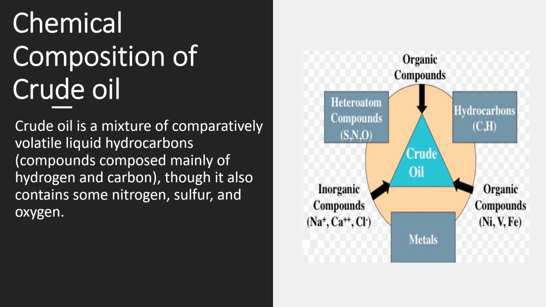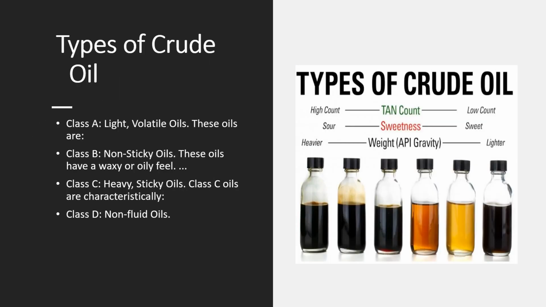Chemically, crude oil is a mixture of comparatively volatile liquid hydrocarbons, compounds composed mainly of hydrogen and carbon, though it also contains some nitrogen, sulfur, and oxygen. Main types of crude oil are Class A, light, volatile oils. Class B, non-sticky oils.